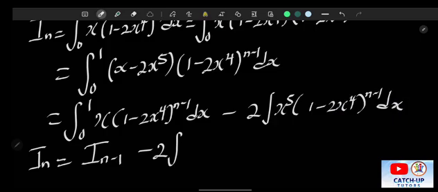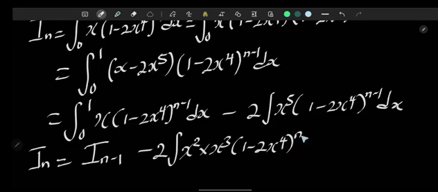To integrate this now, we're going to make use of integration by parts, but you can't just use integration by parts like that. You have to rewrite it in a way that is convenient for using the formula, and that can be of this form: x^2 times x^3 (1 minus 2x^4)^(n-1) dx.